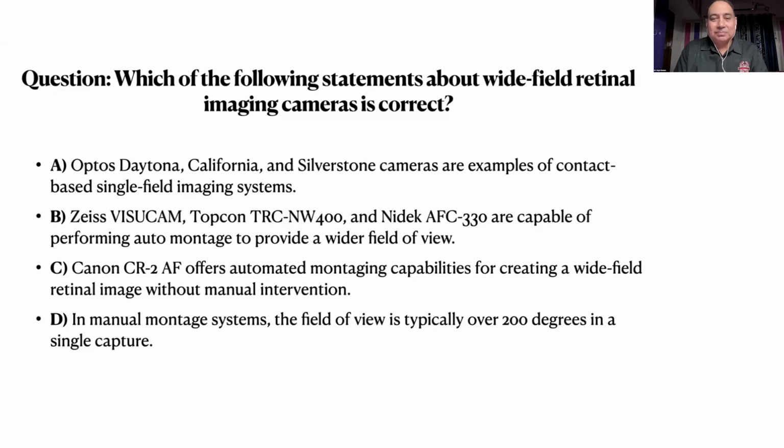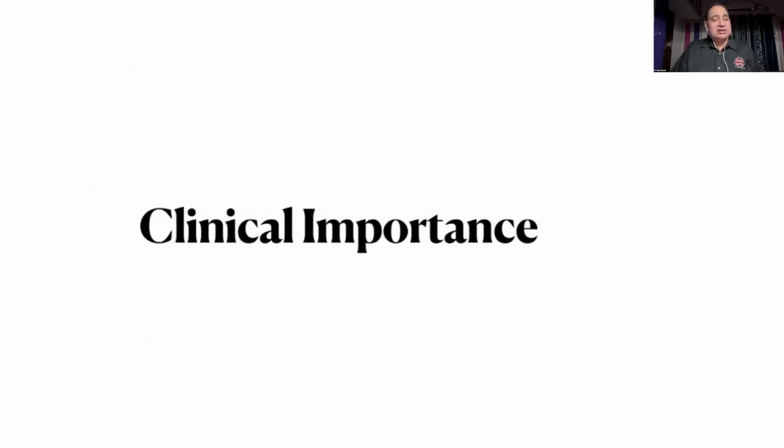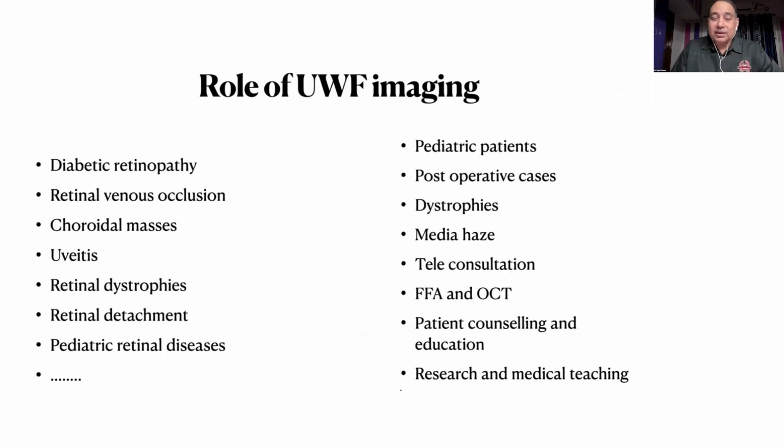Great. So the majority said that they are capable of performing auto montage. That's true, actually. So let's see what is the clinical importance of getting these wide field images. Definitely, it has a role in, I would say, the majority of retinal diseases, especially in retinal vascular diseases, peripheral choroidal lesions, and uveitis.